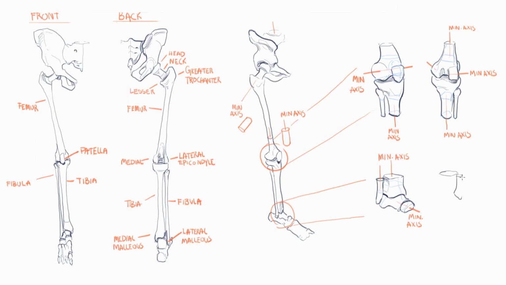Let's take a look at this same juncture from the opposite side. Again, we can see that the fibula is sitting on the lateral side and the tibia is on the medial side. The back of the talus slopes down in an extruded C curve, and then there's this little lip for the fibula to fit into.